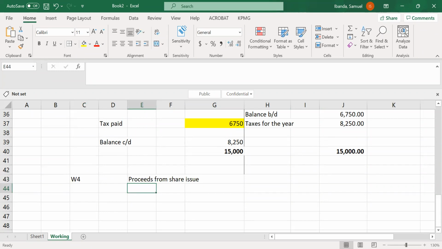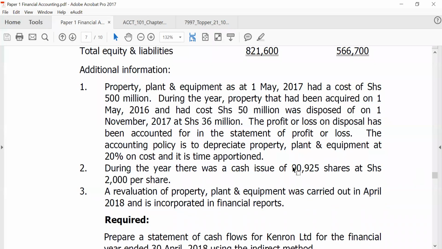In our question, there were 925 shares at 2,000.